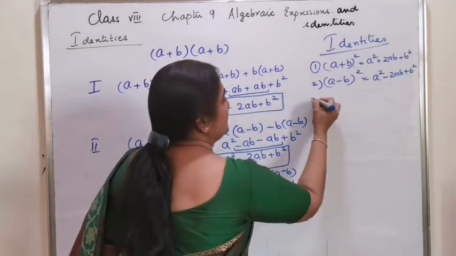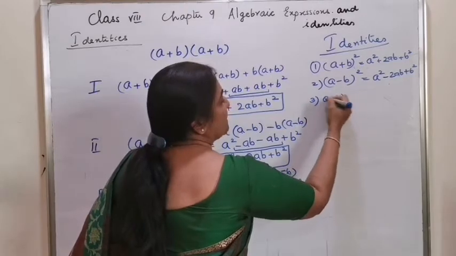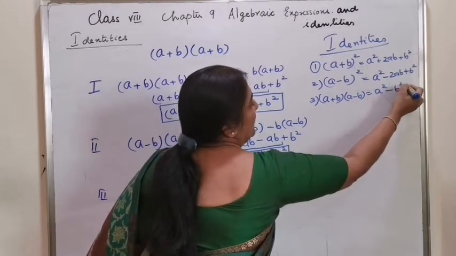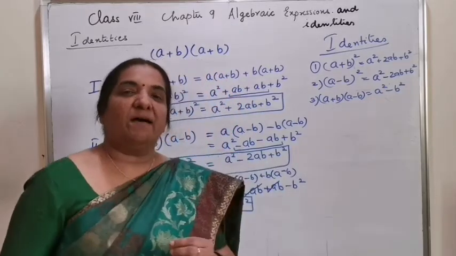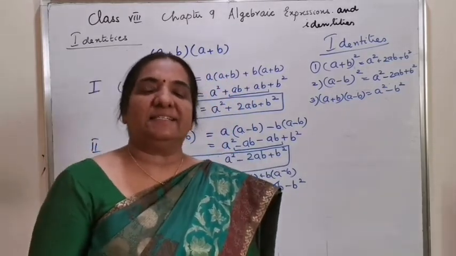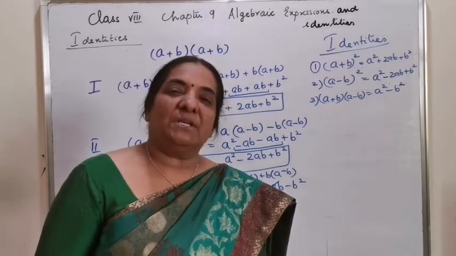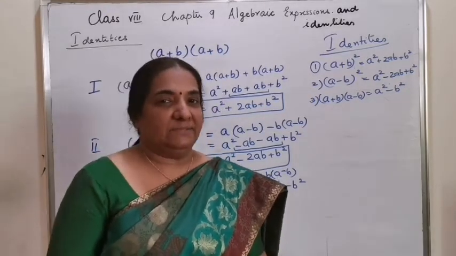The third identity: (A plus B) into (A minus B) is equal to A square minus B square. These are the three major identities in the beginning. And let's go on to the fourth identity.